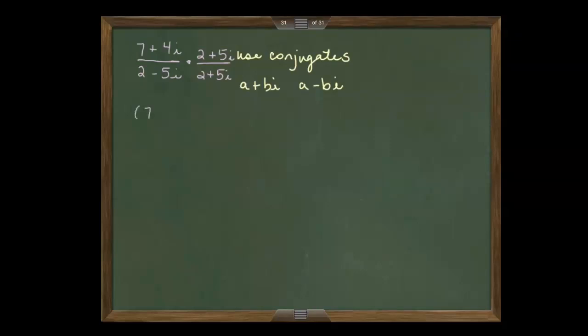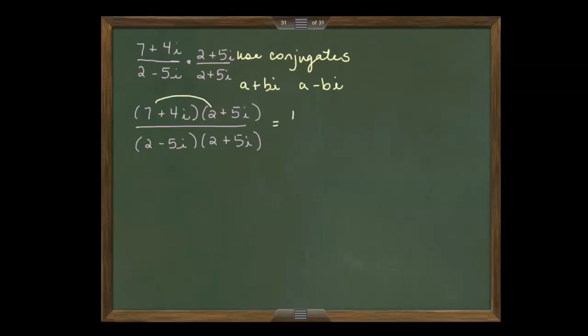Okay, so now we're going to distribute. In the numerator, we are multiplying 7 plus 4i times 2 plus 5i. In the denominator, we're multiplying 2 minus 5i times 2 plus 5i. And now we just distribute.